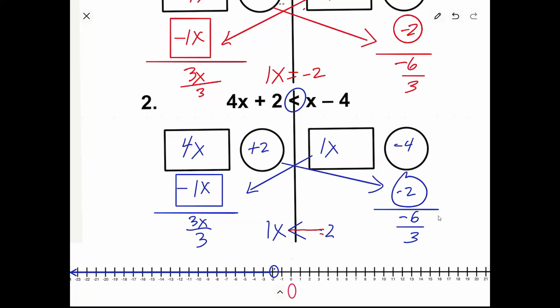So that's your answer. Now, my question is, how many solutions does this inequality have? 1, 2, 3, 4, 5, 6, 7, 8, 9, 10. It has an infinite number because this is going out to negative infinity. So there are an infinite number of solutions for the inequality. There was only one solution for the equation.